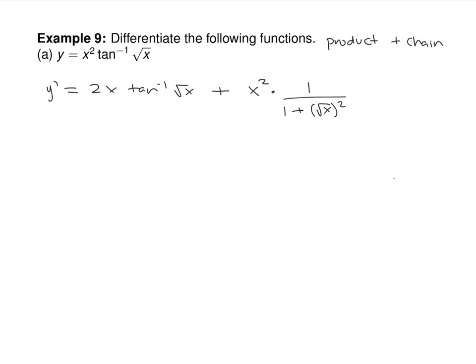Does that make sense? Times the derivative of the whole inside thing, right? Times the derivative of root x, which I still have to do. If you can do it in one step, you're good to go, but I'm just making sure it's clear there's the chaining part.